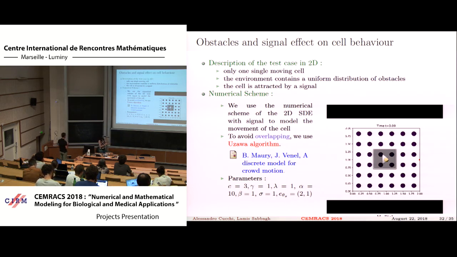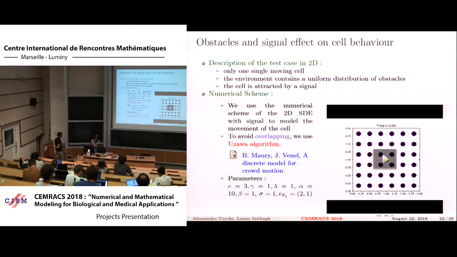For modeling this experiment, we use 2D stochastic differential equations so that we can compute the velocities. And to avoid overlapping, we use the Ozawa algorithm.